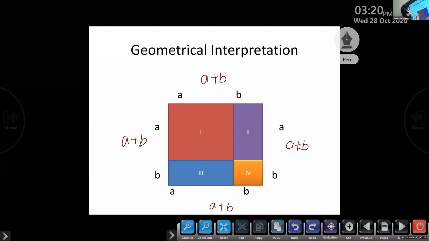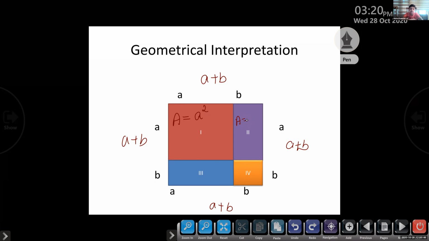Now consider the pink one, the first figure. Since it is a square with side a, its area is side into side, so a into a, a square. What about the area of the violet one?